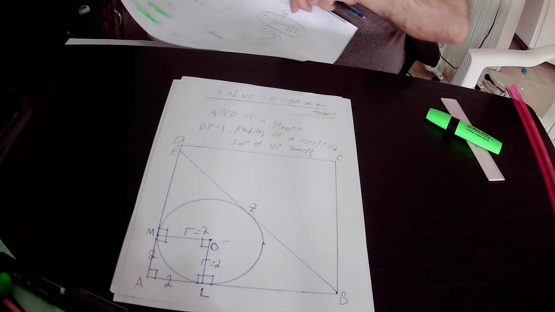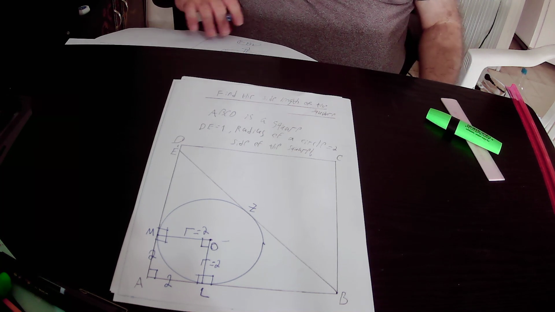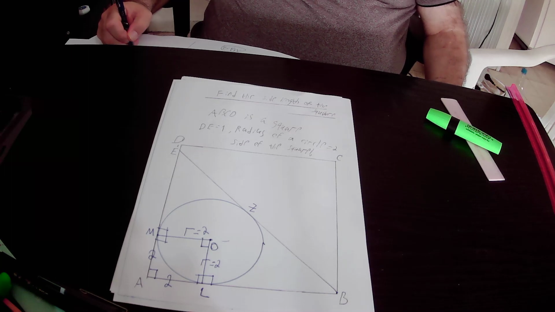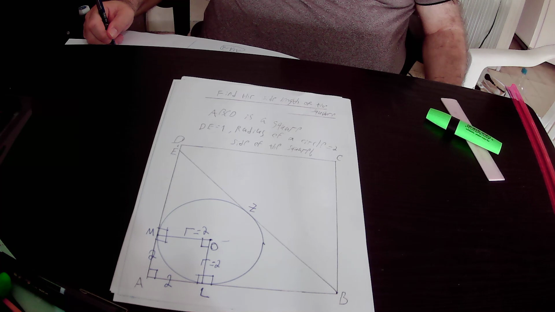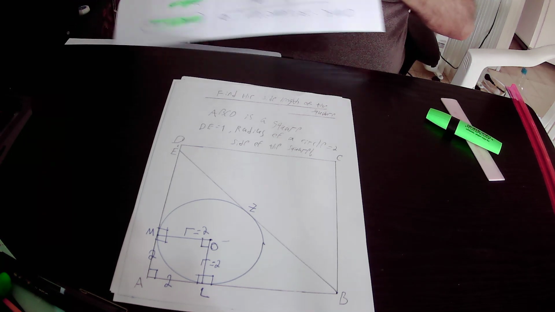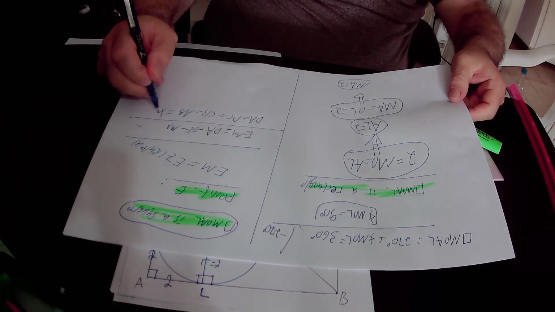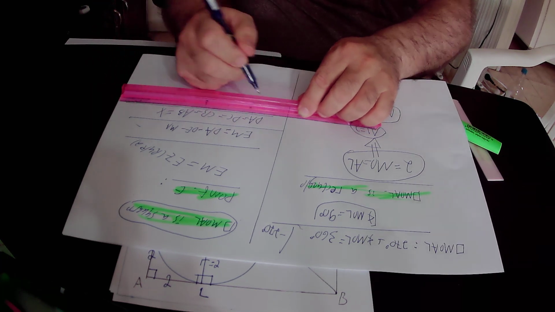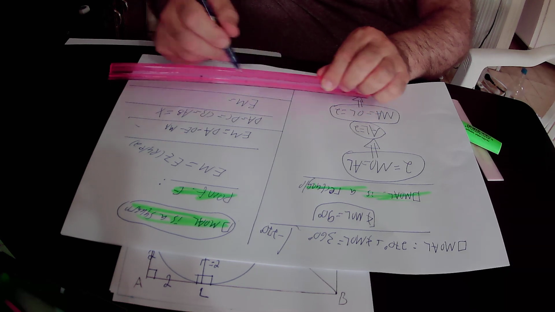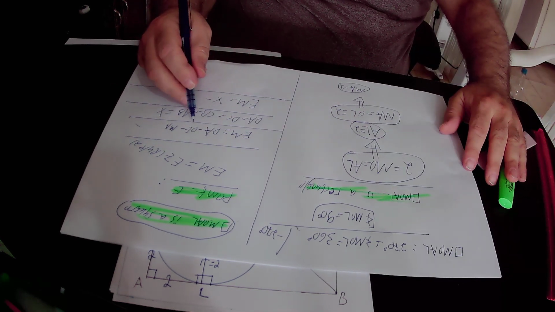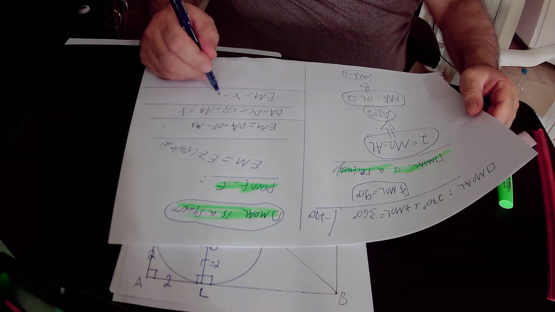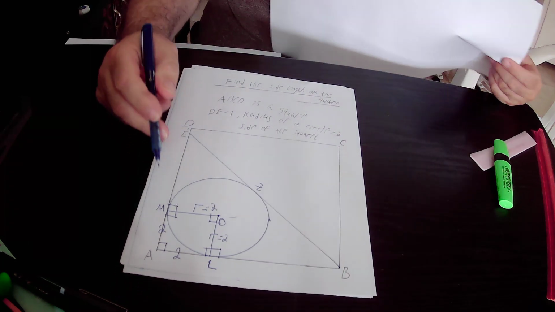In the next step, we will define the side length of square ABCD as X. So here, dA equals DC equals CB equals AB, and according to our definition, the side length of the square is equal to X. So EM equals dA, that is X, minus DE equals 1 unit according to what is given in the question, so it is minus 1, minus MA equals 2 units according to what we have already found out.